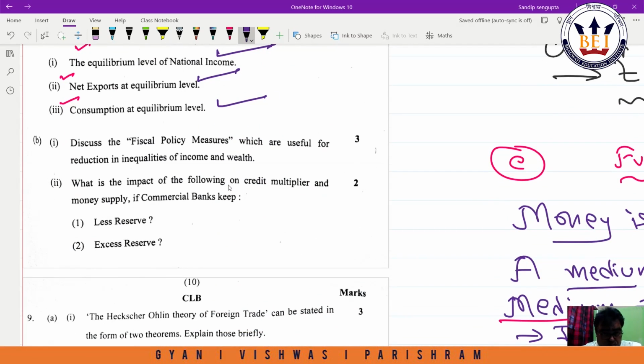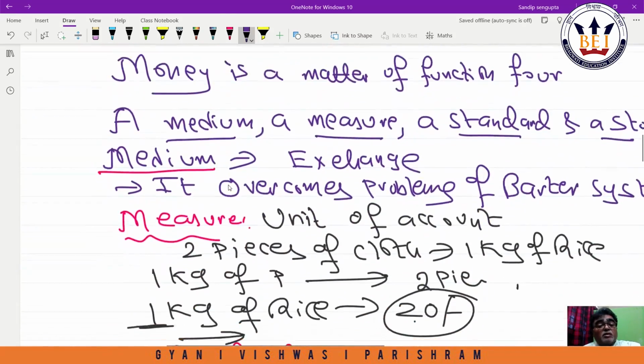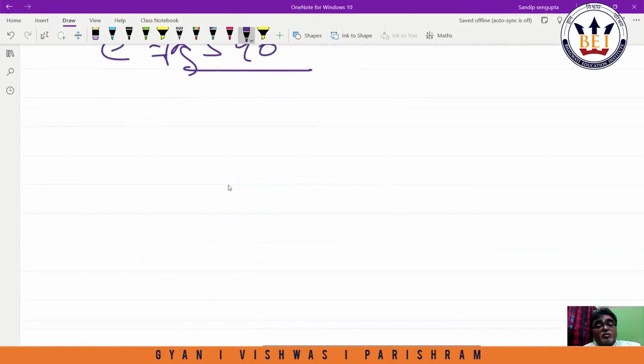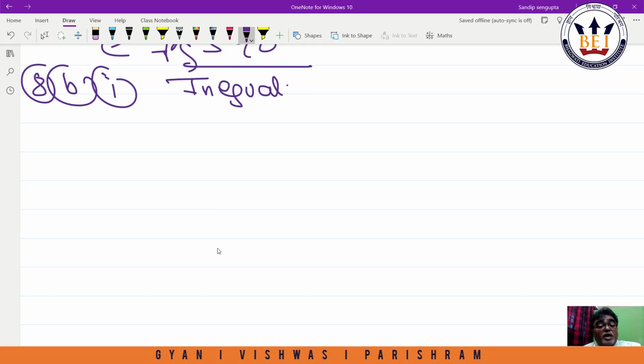Acha, next is 8B1, fiscal policy measures which are useful for reduction of inequality of income and wealth. Let us consider this answer. Inequality of income, beta.